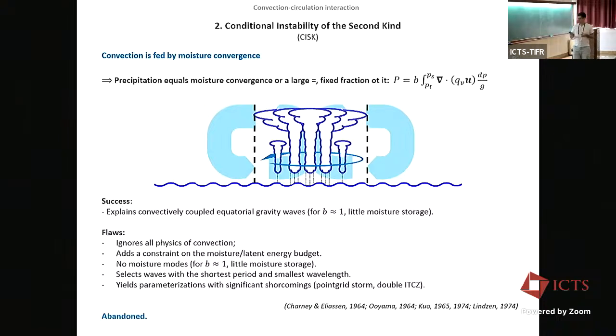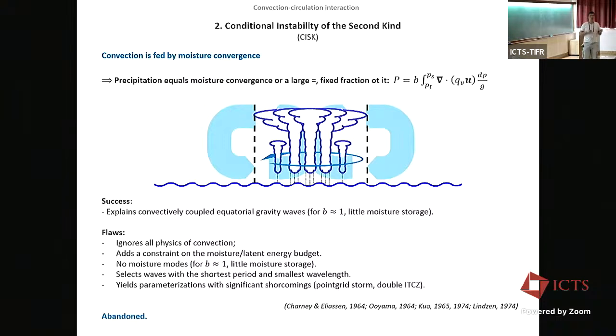You had the dynamics that were essentially constraining the convection directly through that systematic link here. And so you wouldn't have any moisture storage except for evaporation, which is somewhat strange because you need convection to bring that evaporation up, right? And you don't have those processes anymore.